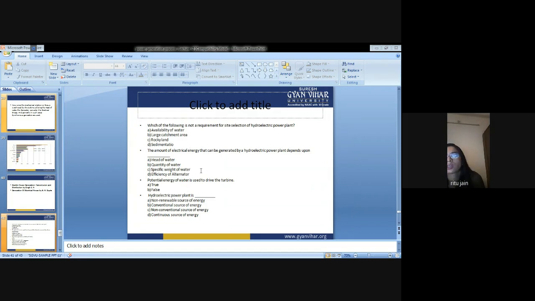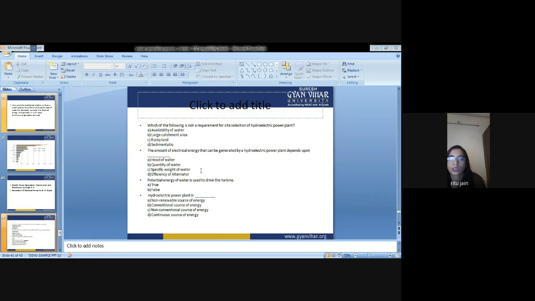The second question: the amount of electrical energy that can be generated by a hydroelectric power plant depends upon head of water, quantity of water, specific weight of water, or efficiency of alternator. We have already discussed that the head of water is very important to generate electricity. The third question: potential energy of water is used to drive the turbine.